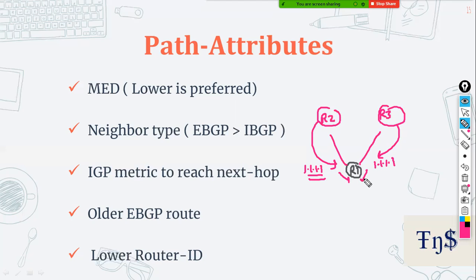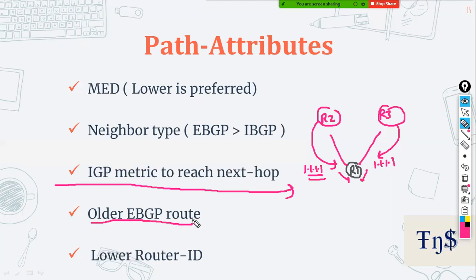First it is going to check weight, then local preference, then locally injected route, then AS path and so on, till the IGP metric to reach the next hop. If everything is the same, then here we can decide in BGP whether we want to load balance the traffic or not, because after that you can see we have the older EBGP route.